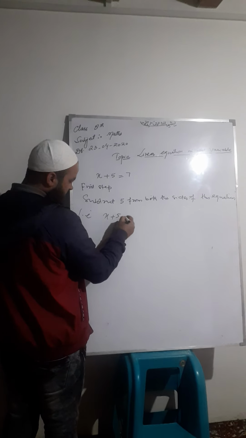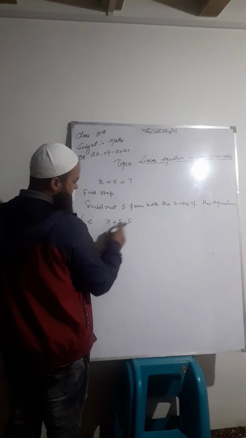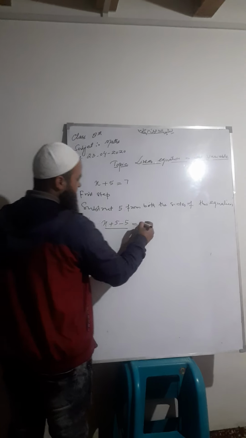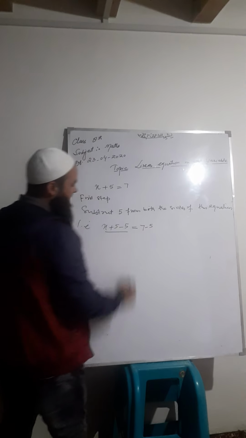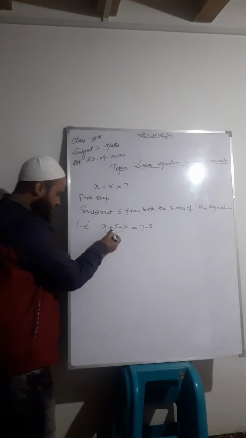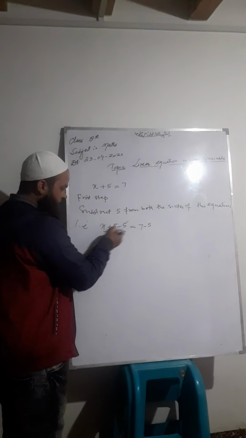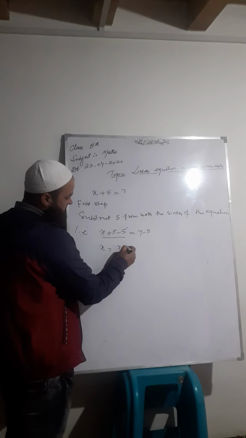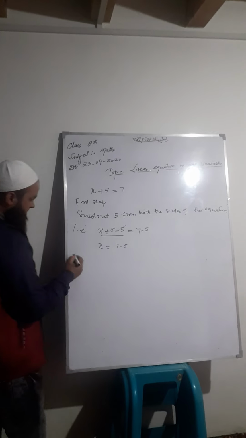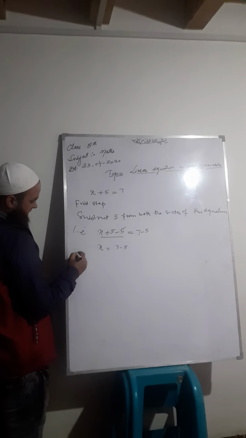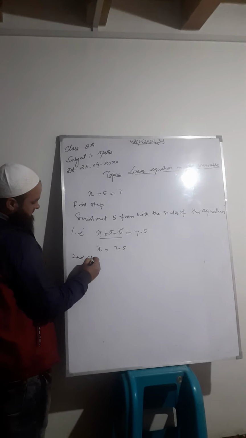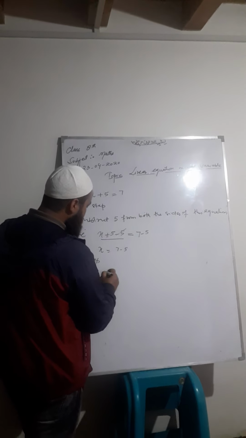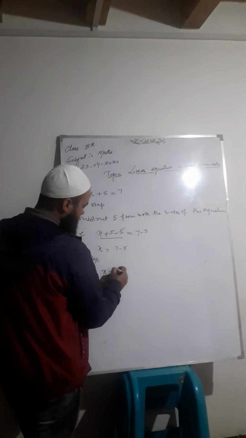We have to subtract 5 from this algebraic expression and also from this algebraic expression. What do we get? This is plus 5, this is minus 5, this and this will cancel. It becomes x is equal to 7 minus 5. Second step, we subtract 5 from 7, that is x is equal to 7 minus 5 is equal to 2.